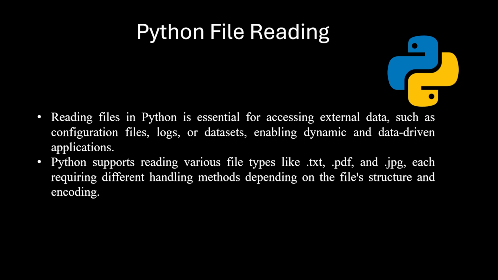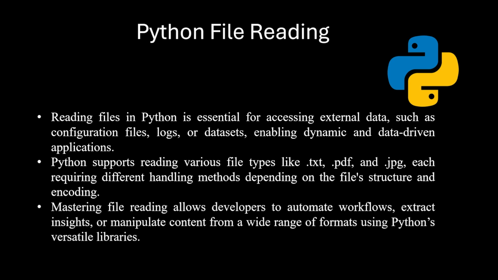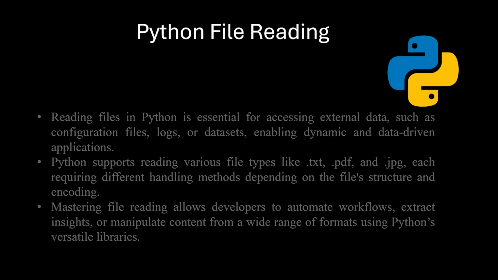Python supports reading various file types like TXT, PDF, and JPEG, each requiring different handling methods depending on the file structure and encoding. Mastering file reading allows developers to automate workflows, extract insights, or manipulate content from a wide range of formats using Python's versatile libraries. So after this tutorial, you can work with different types of files and master it yourself.